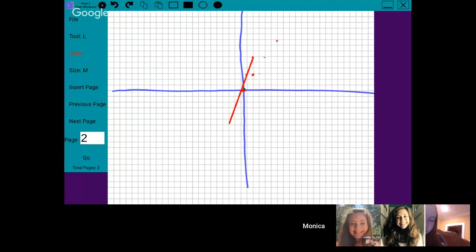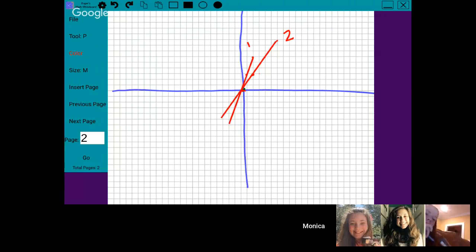So then my line would look like this. Now, which one of those is steeper? Yeah, line 1 is steeper.